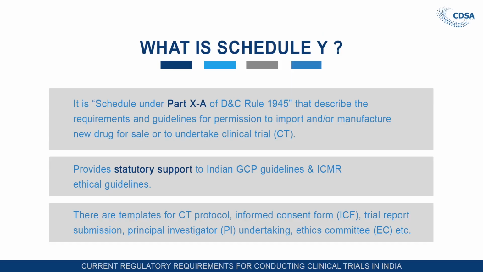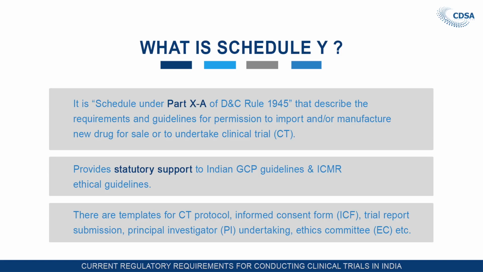We have seen in our previous lecture that Act and rules. The rules are divided into 19 parts. Schedule Y is under Part 10A of Drug and Cosmetic Rules 1945.